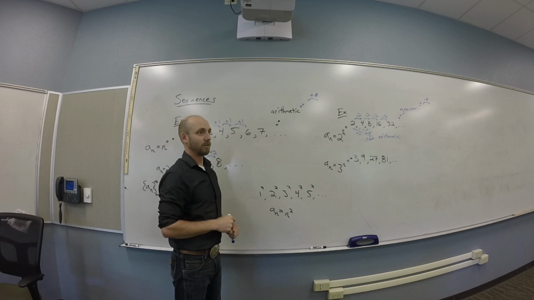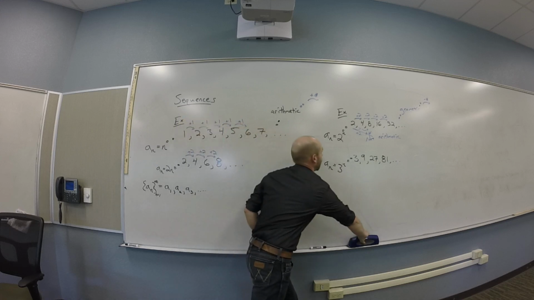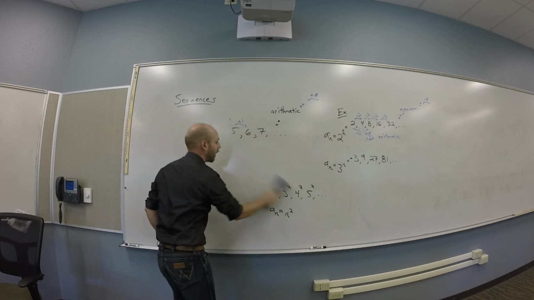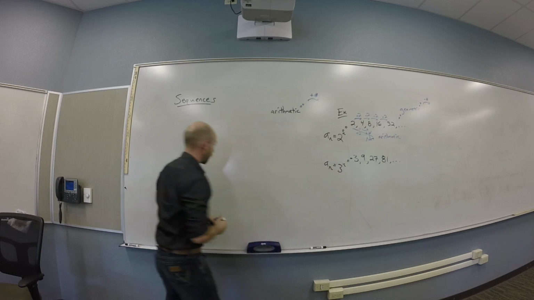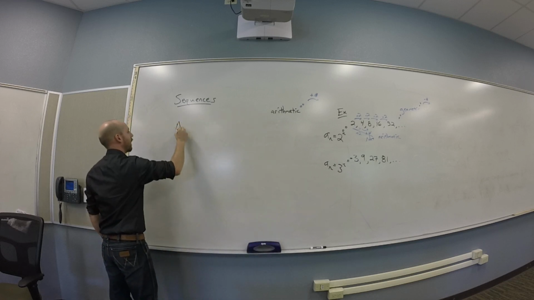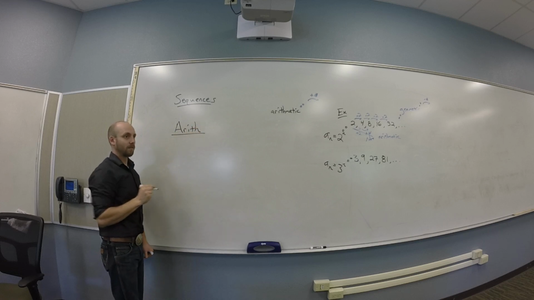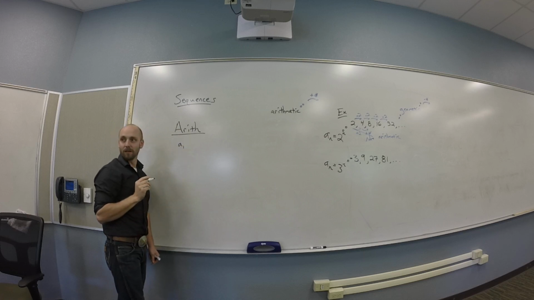Cool. You guys good with this? You ready for general sequences? So let me give you a very nice, precise definition of a geometric and arithmetic sequence. Okay? So an arithmetic sequence starts somewhere, maybe A1, right?